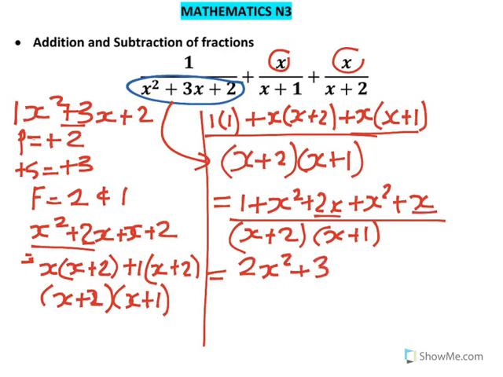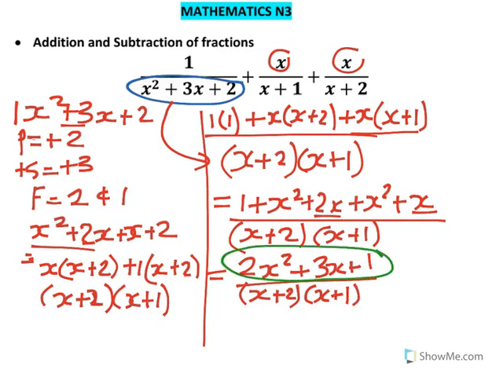You are going to have 3x plus 1 over x plus 2 and x plus 1. You can see that now the top part is not complete. We can try to factorize it and see whether it's possible. And from the way I look, you can further simplify it. Now let's further simplify x squared plus 3x plus x using our product sum method.